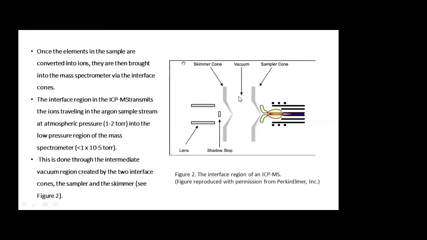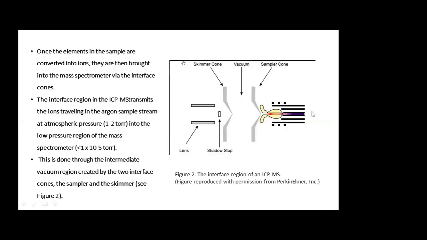The interface region in the ICP-MS instrument transmits the ions traveling in the argon sample stream at atmospheric pressure, that is 1 to 2 torr, into the low pressure region of the mass spectrometer, that is too low, less than 1 times 10 to the power minus 5 torr. Suddenly the pressure is dropped here.